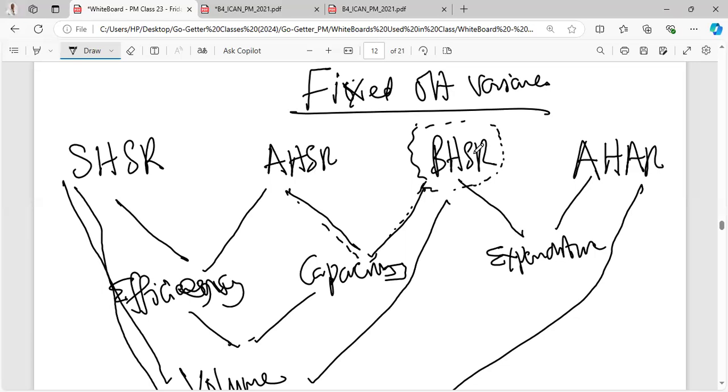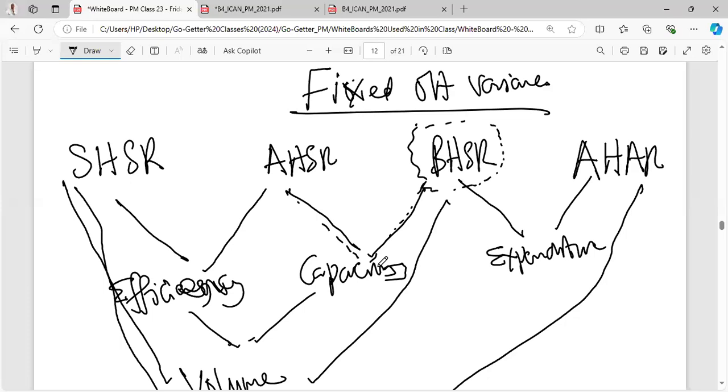Then we didn't have this, so we had just this and this giving us expenditure. But in the case of fixed, we now have to add another thing in between these two actuals. So our expenditure stays the same, between this and this. Our capacity is now between this one and this here. So capacity now sits in between efficiency and expenditure.